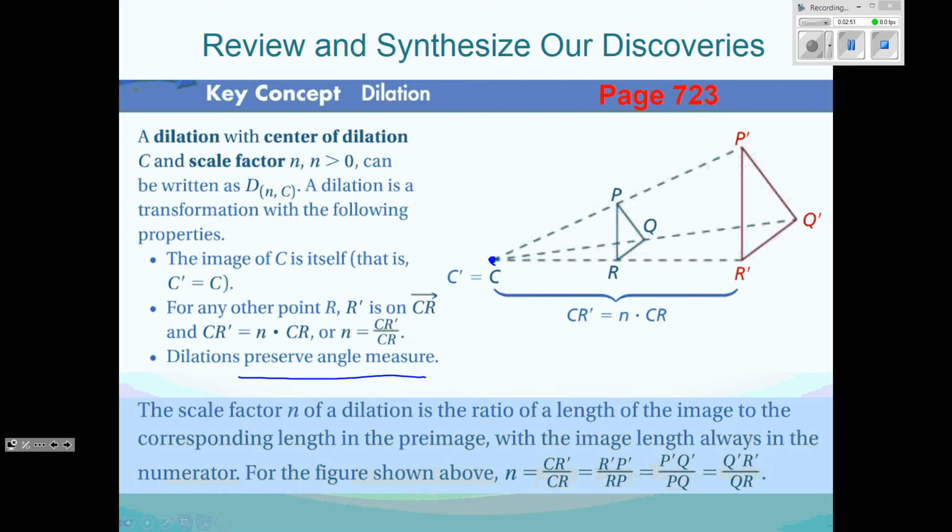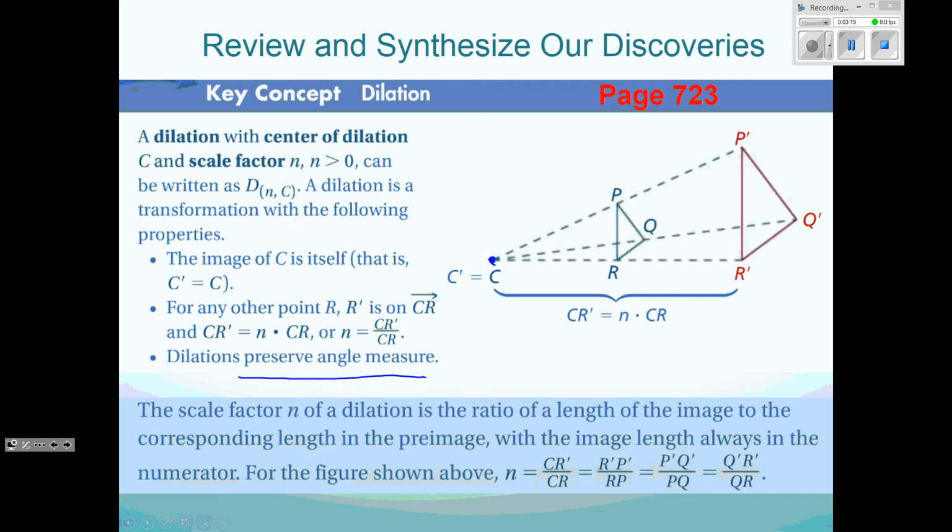For the figure shown above, if we wanted to find the scale factor, we would do C to R prime divided by C to R. I'm going to write this a little bit bigger for you. Or we could do P prime to Q prime divided by P to Q. Or we could even do P prime to R prime divided by P to R.